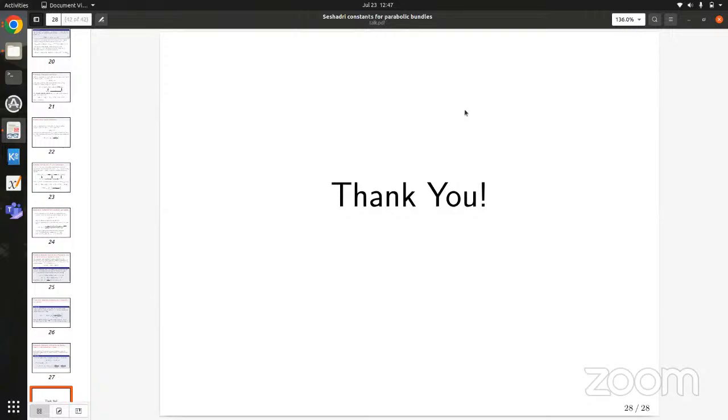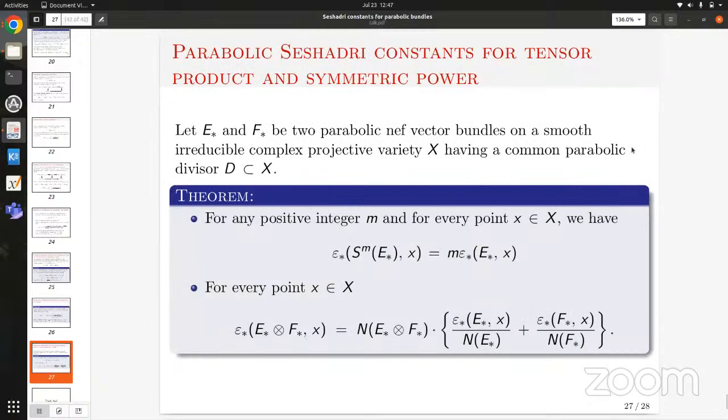Can you say something about the extension? Yeah, in the last slide, instead of E star and F star, if you take more than two parabolic nef vector bundles, you can extend this to finitely many vector bundles.